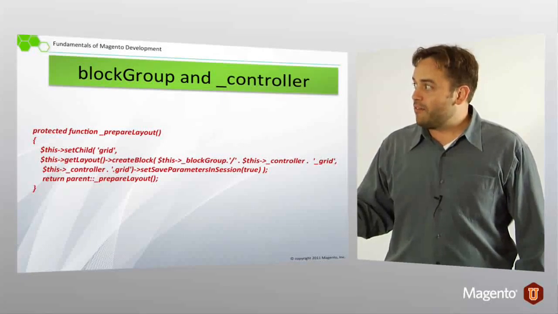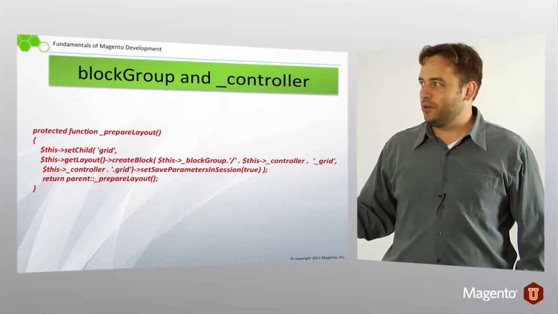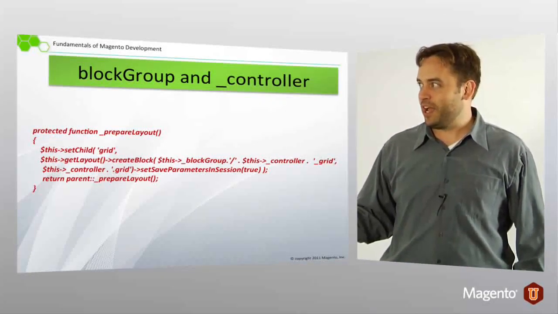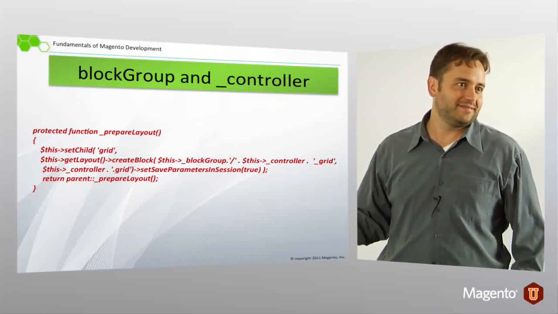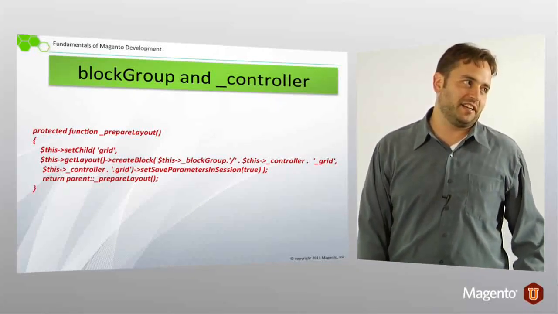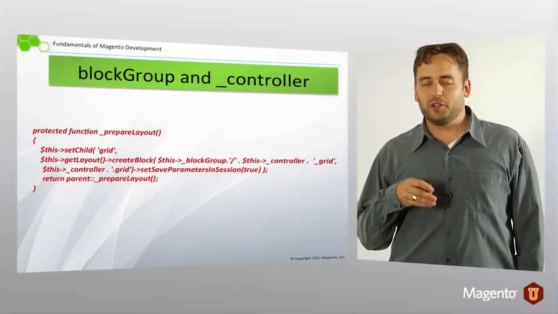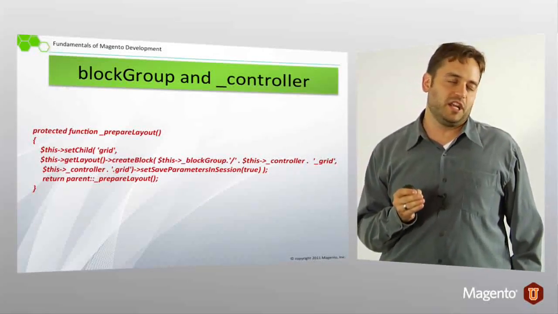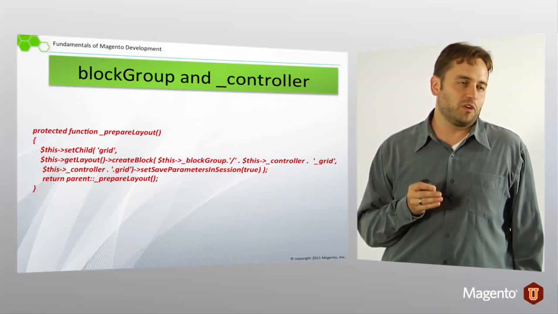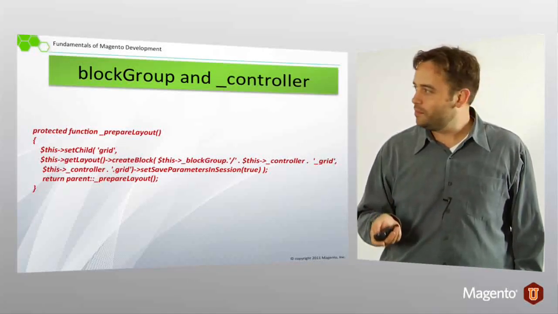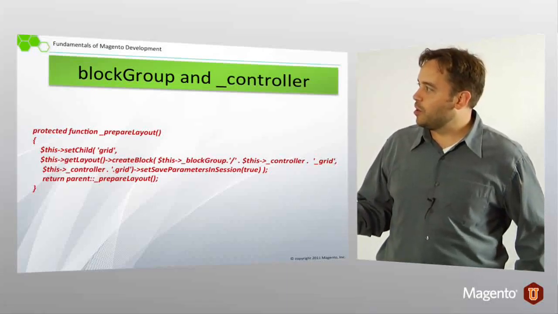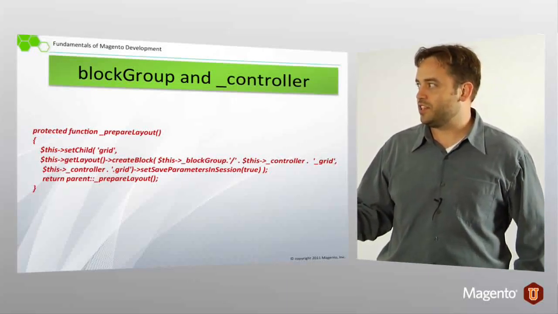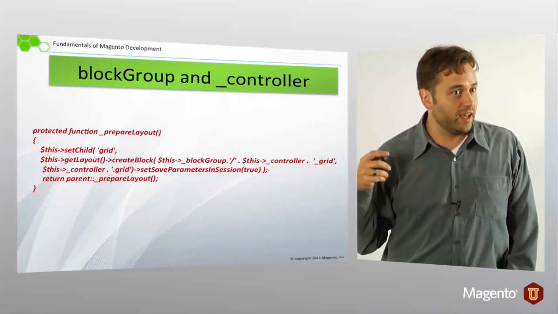So by virtue of specifying these two variables, we would have to make this block class. I'll show you what this looks like in a second. Again, something a little more difficult to understand while I'm talking about it, much more understandable once I'm showing you. So in here we're also calling set save parameters and session true. I'll explain that in a moment as well.